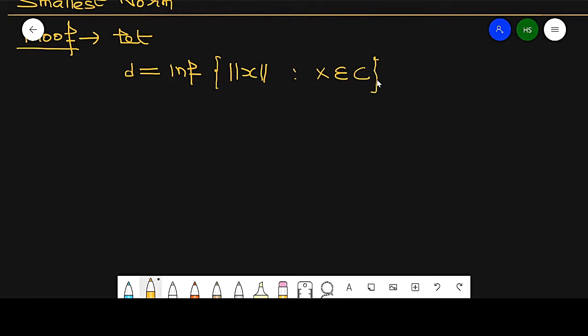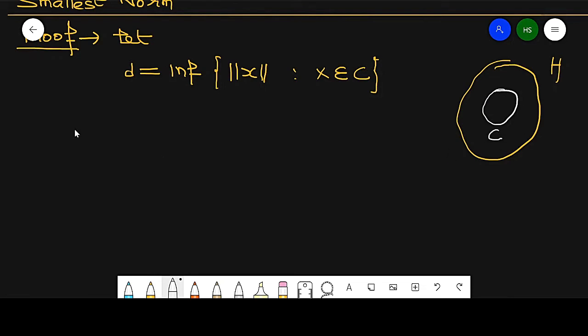C is the closed convex subset of Hilbert space H. So our bigger space is H, which is a Hilbert space, and the smaller space is C, which is a convex set.